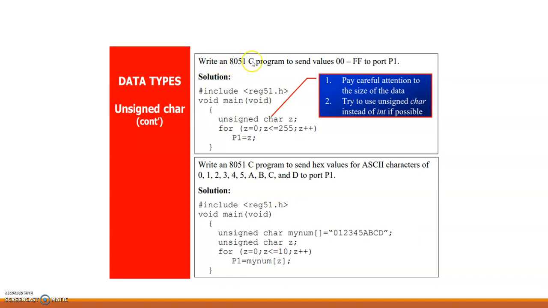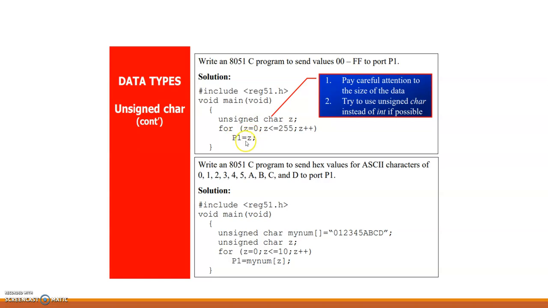Example: write an 8051 C program to send values 00 to FF to port 1. Here we need only an 8-bit data type, so we are using a character data type. #include <reg51.h>, that is the header file, and the main program, void main(void). Unsigned char z is initialized, and then for z equal to 0, z less than or equal to 255, z plus plus, P1 equals z.